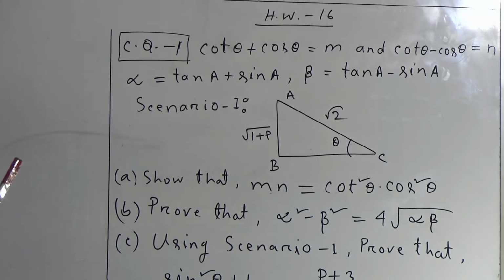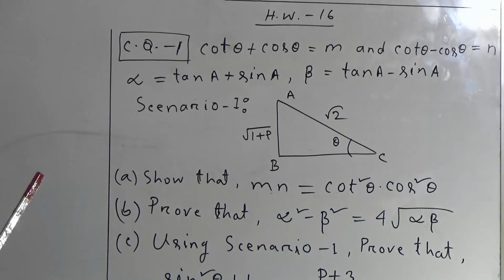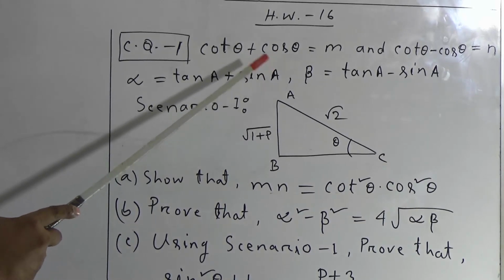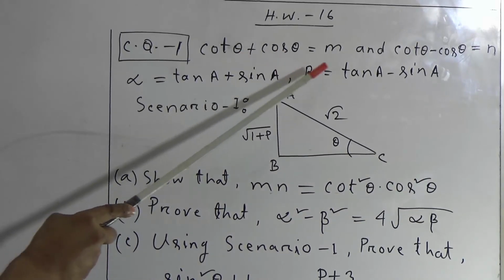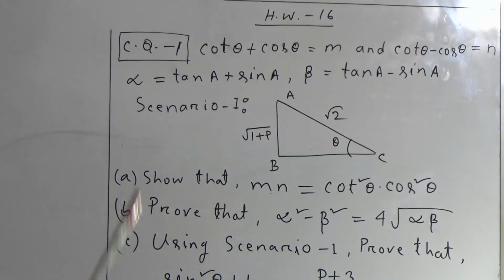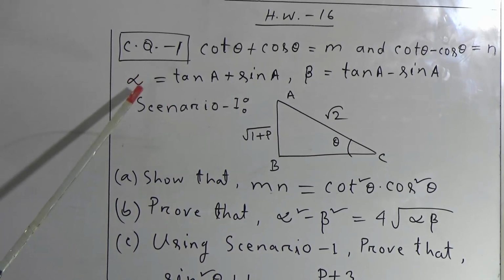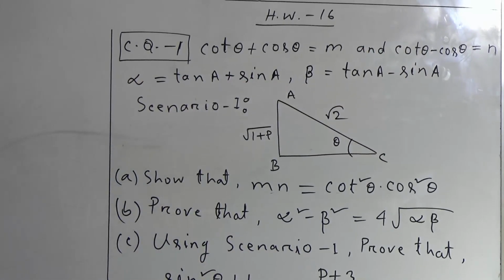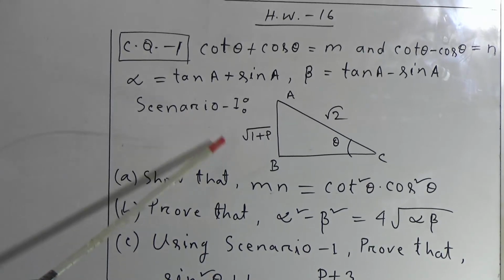CQ1 is your SW for this class, and here the question is cot theta plus cos theta equal to m and cot theta minus cos theta equal to n. Alpha equal to tan a plus sin a and beta equal to tan a minus sin a are given, and here one scenario is given.